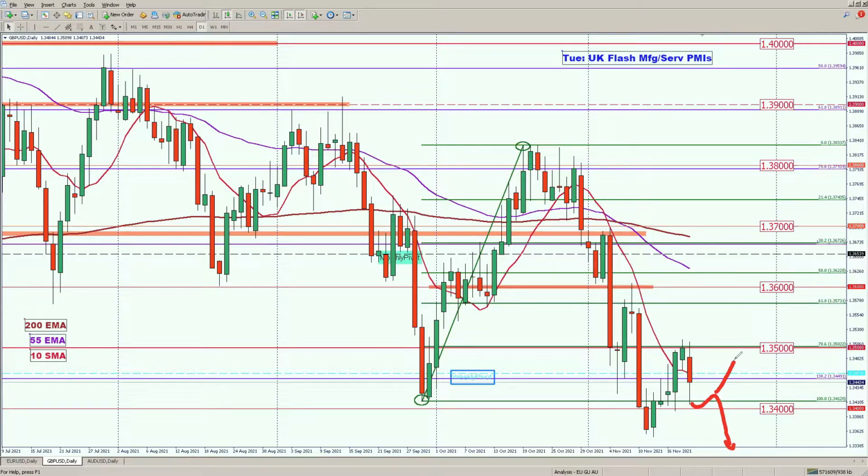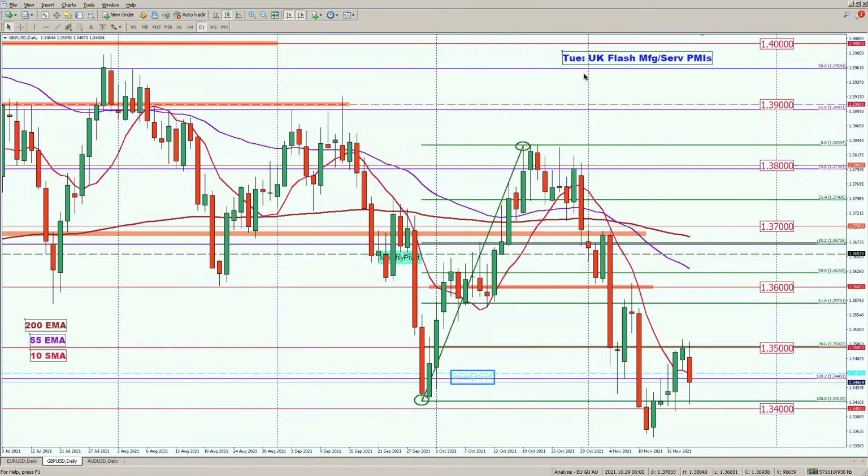If it does find support, then it's possible to break out higher to the 62 fib retracement with this swing move down here. Okay, so for the moment, it's holding this trend line. Let's see if it's going to break that next week.